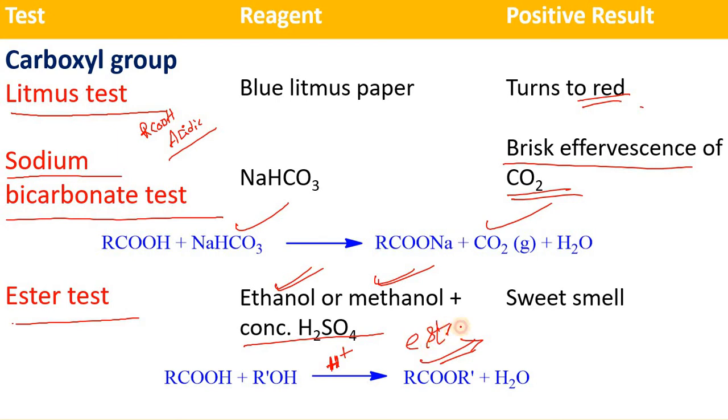This reaction is called esterification reaction, formation of ester from carboxylic acids and alcohol. Here, the ester has a sweet smell or fruit smell. In this test, you can find a sweet smell or fruit smell.